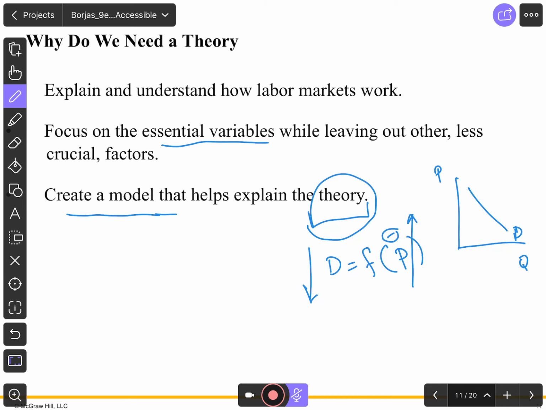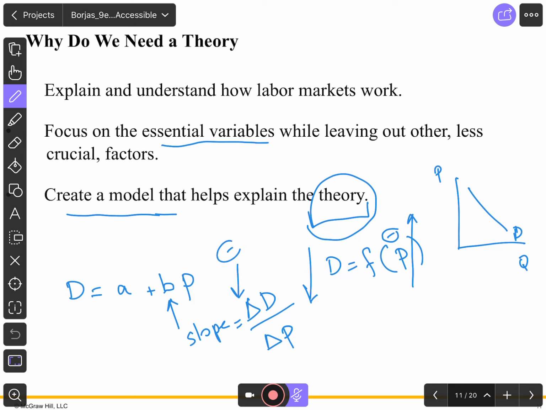So we can also create a model, and by the model we say that demand is equal to a certain intercept, right, plus a certain slope times the price. So every time the price changes, the demand is going to change by that amount, and this is what we call the slope, and this slope is simply the change in demand due to the change in the price, and we already know that this slope is negative, right?